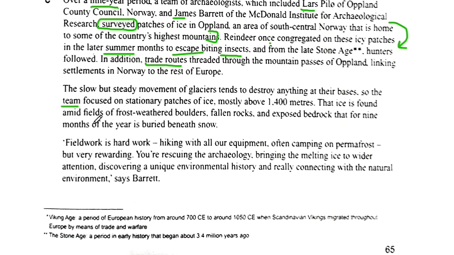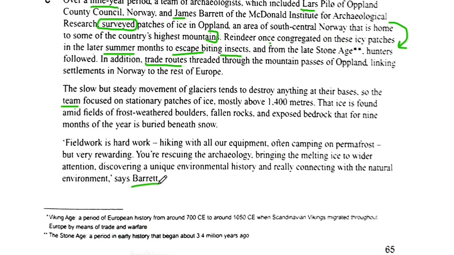That ice is found amid fields of frost-weathered boulders, fallen rocks, and exposed bedrock, and for nine months of the year is buried beneath snow. Fieldwork is hard work, hiking with all our equipment, often camping on permafrost, but very rewarding. We are rescuing the archaeology, bringing the melting ice to wider attention, discovering a unique environmental history, and really connecting with the natural environment, says Barrett.